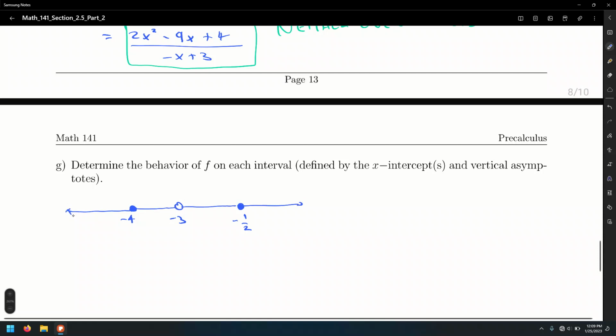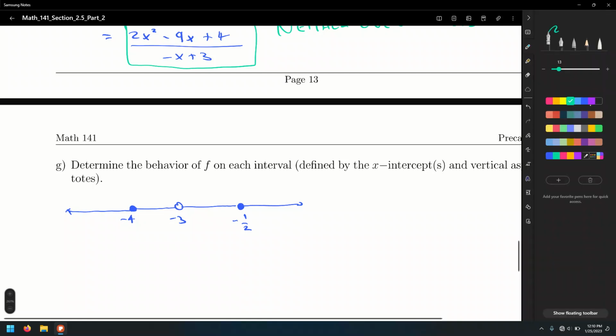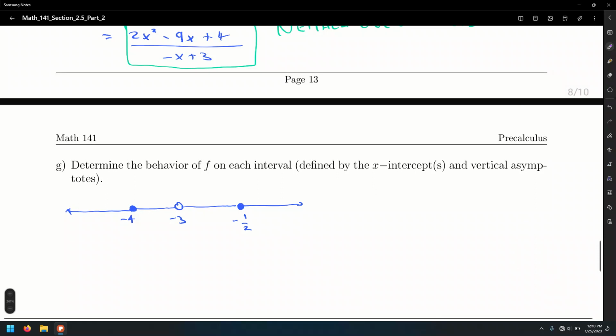And then from here, we are going to choose test points, test values. And again, pick your favorite numbers. I'm going to pick number -5 in this interval. A number between -4 and -3. Well, here is where it gets a little weird, because we usually try to get integers to make our lives easier.